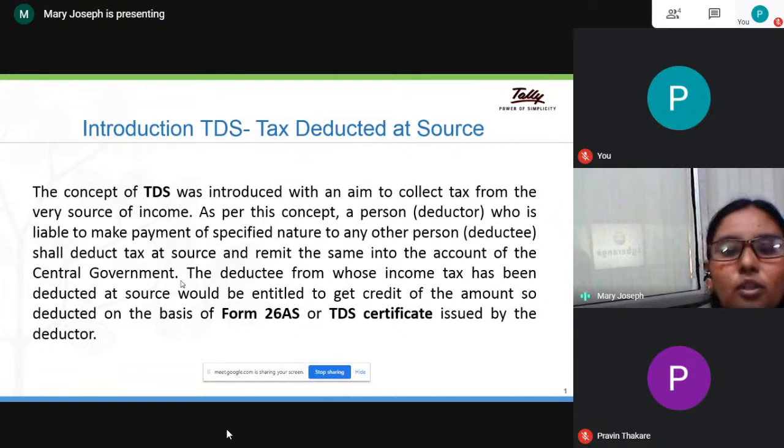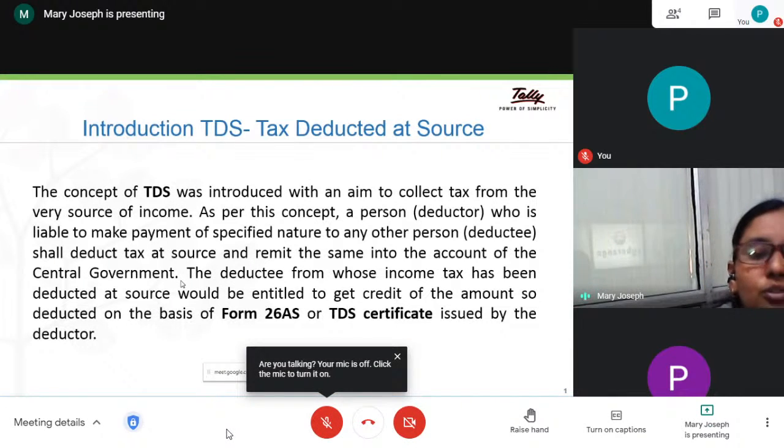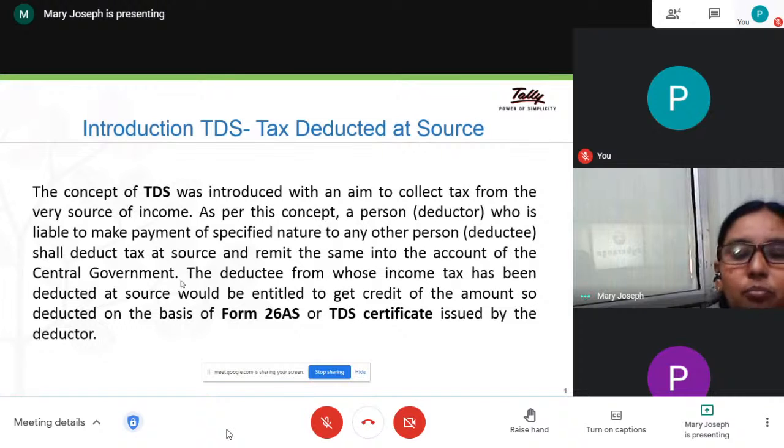First of all, we are going to explain the concept of TDS. The concept of TDS was introduced with the aim to collect tax from every source of income. As per this concept, two persons are involved.